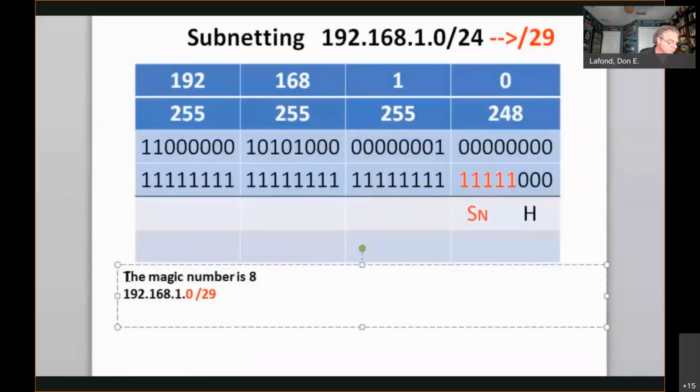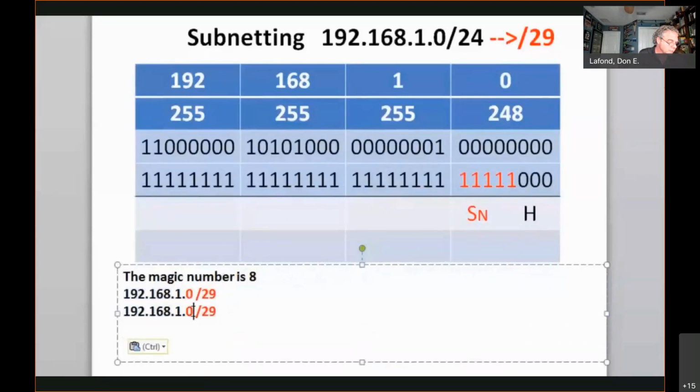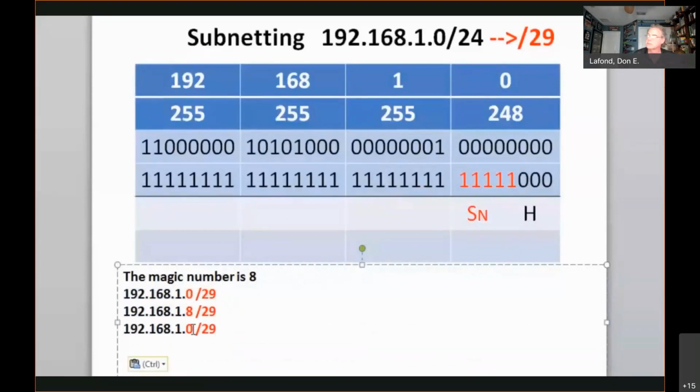The networks will go up in increments of 8. So starting from 0, we'll have the 8 network, and the 16 network, and the 24 network, and so on and so forth, all subnets being /29.